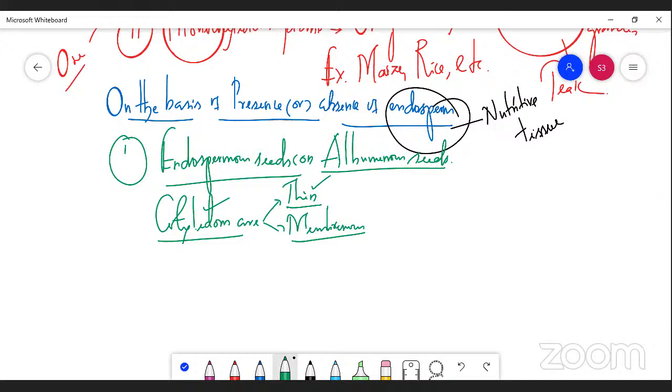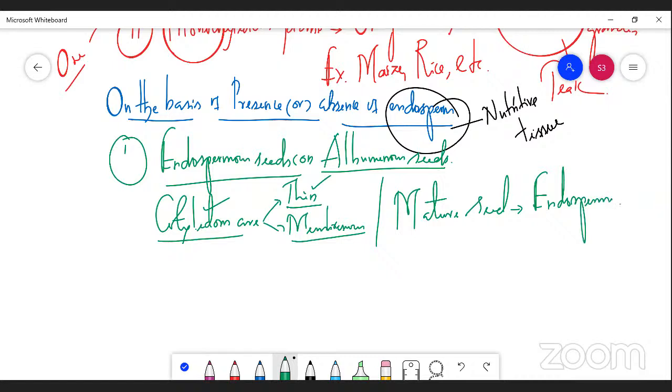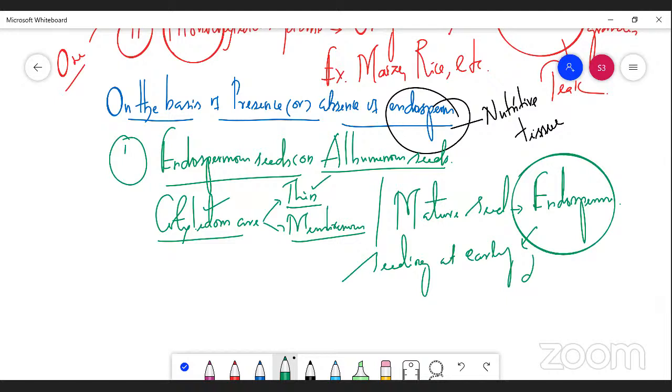The mature seed contains endosperm, and that endosperm is utilized by the seedling at early development.